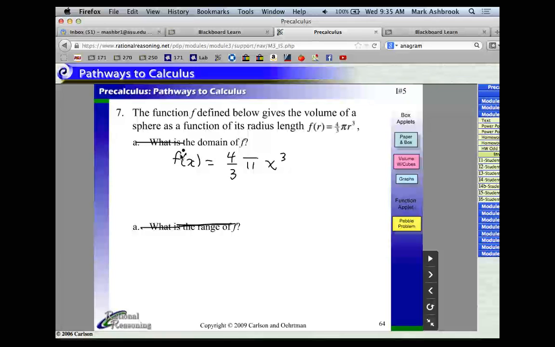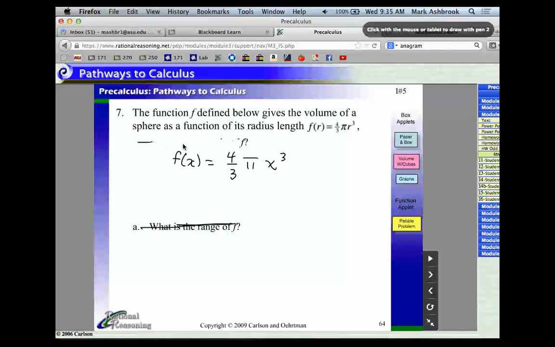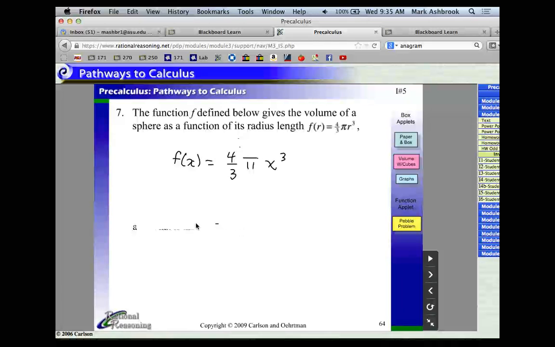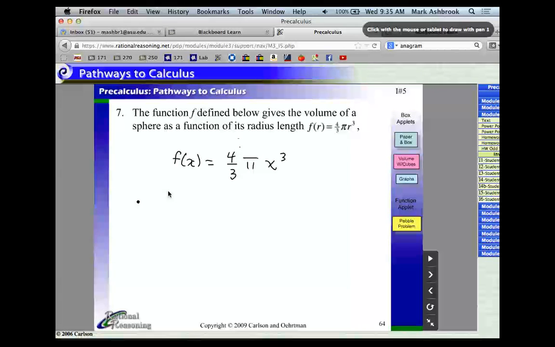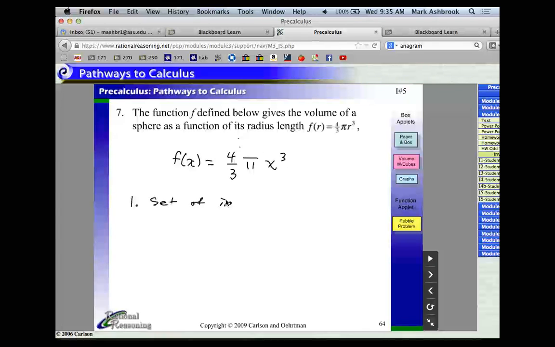Ignore these questions. Yeah, no, I'm changing it. Ignore these. All right, so you're going to write out the set of instructions. Then, same thing, write them out: the set of instructions for f inverse.